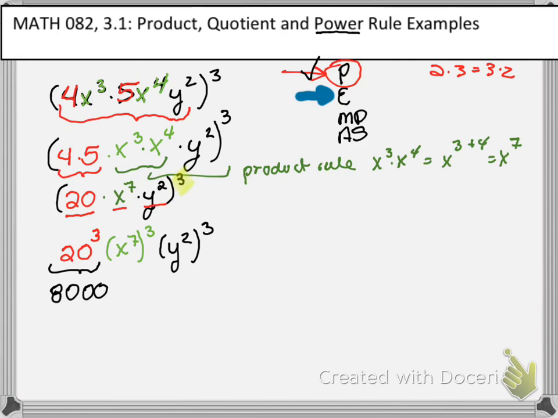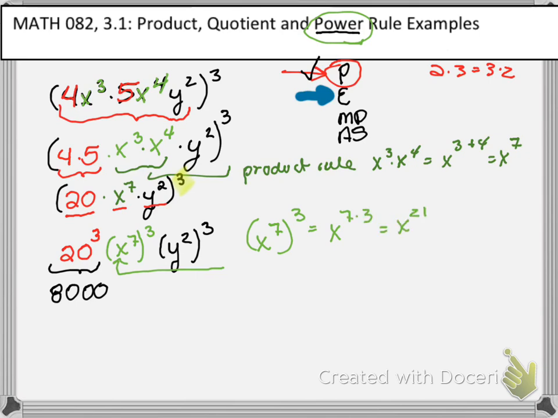Let's look at the next term. The next term is x to the 7th power, quantity raised to the 3rd power. That is a good example of our power rule. The power rule says if I have a power raised to a power, then I need to multiply those two exponents.